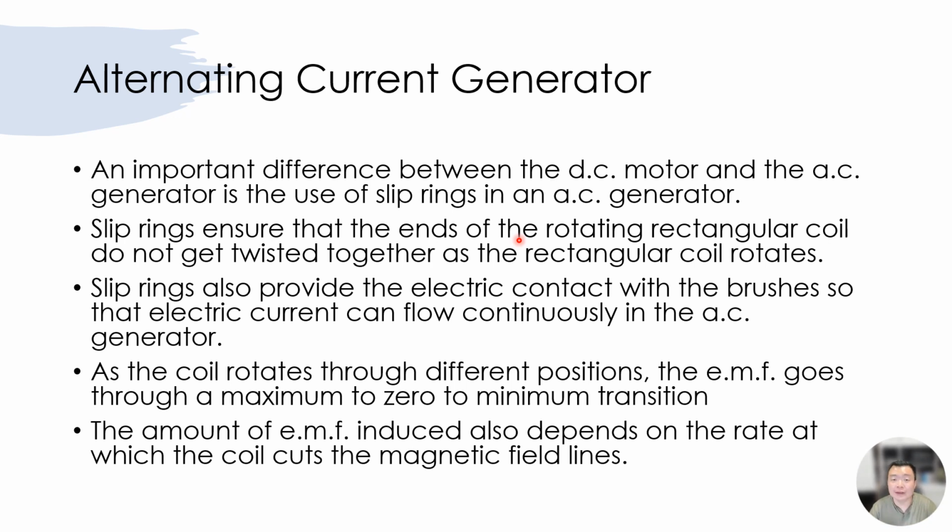It allows for continuous flow of current, and notice that in an AC generator, the induced EMF and the induced current goes from a maximum to zero to a maximum, and during the two maximum, the direction of the induced EMF and current is opposite to each other. Just now was from A to D, and then half a turn later is from D to A.